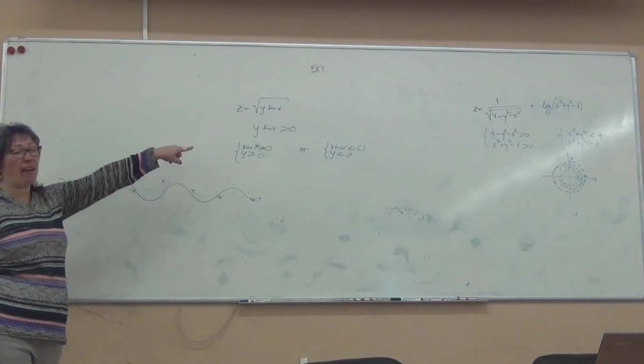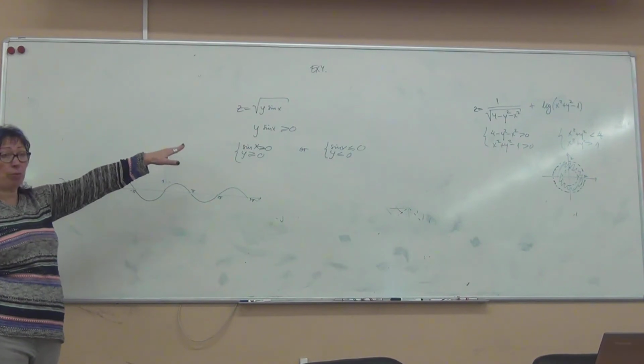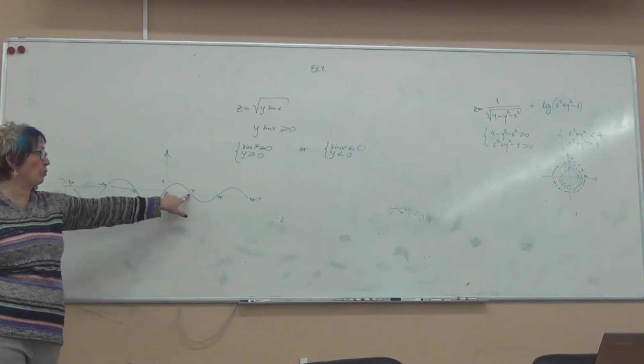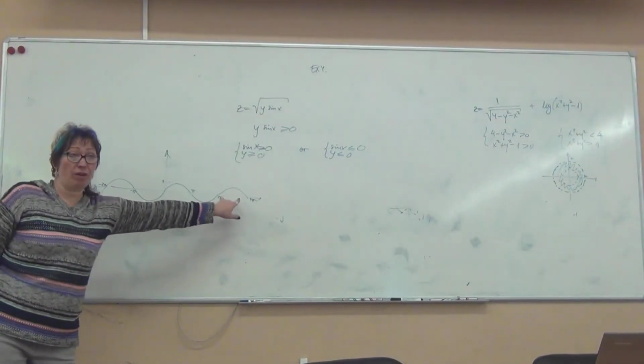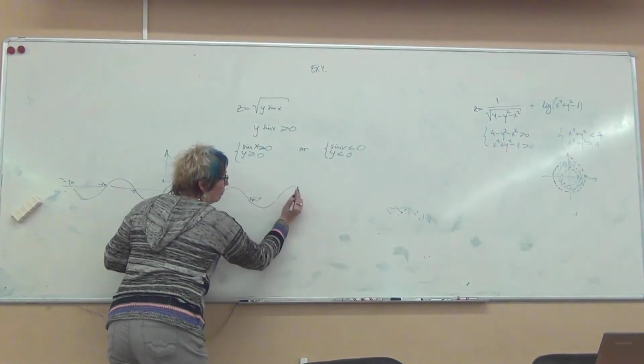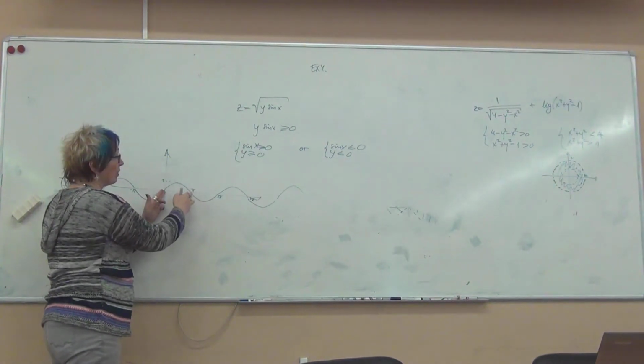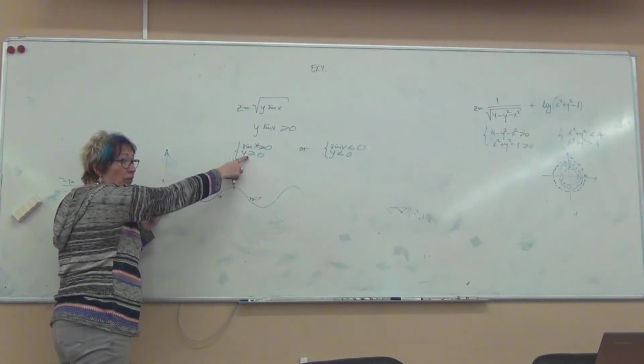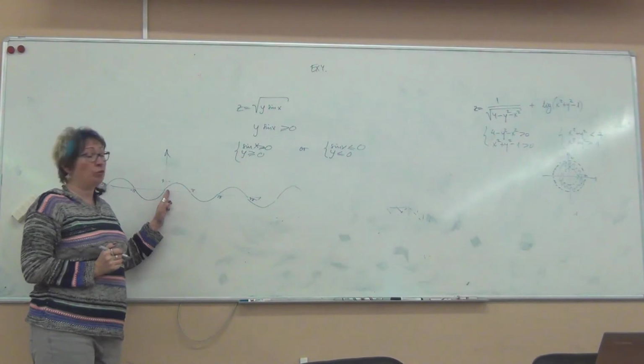Because now, for those x values where sine is positive, and we can say sine is positive here, sine is positive here, sine is positive here, in these areas, y has to be greater than or equal to 0.